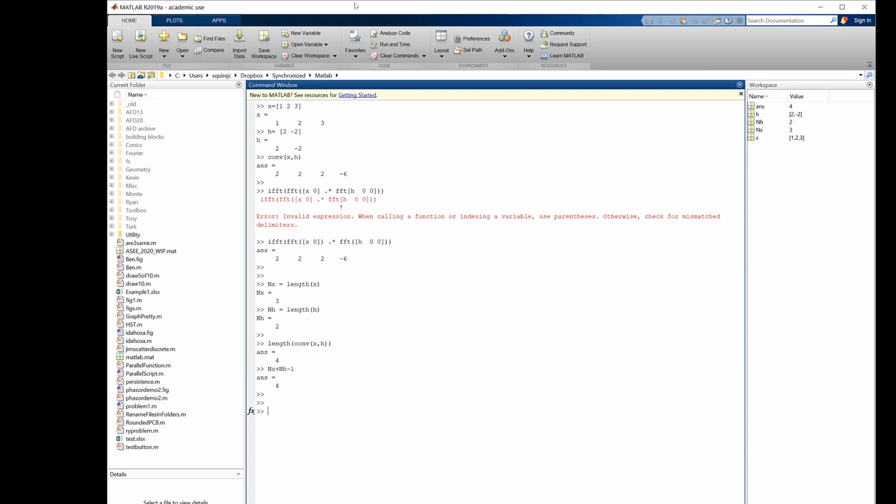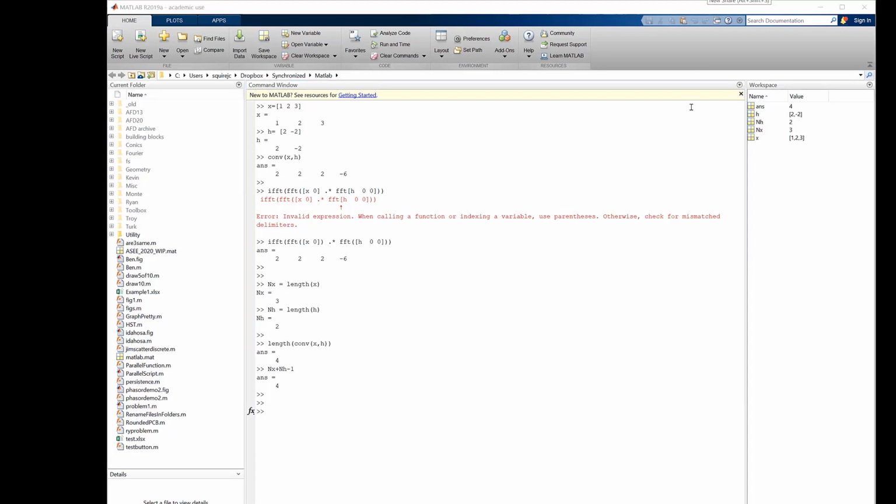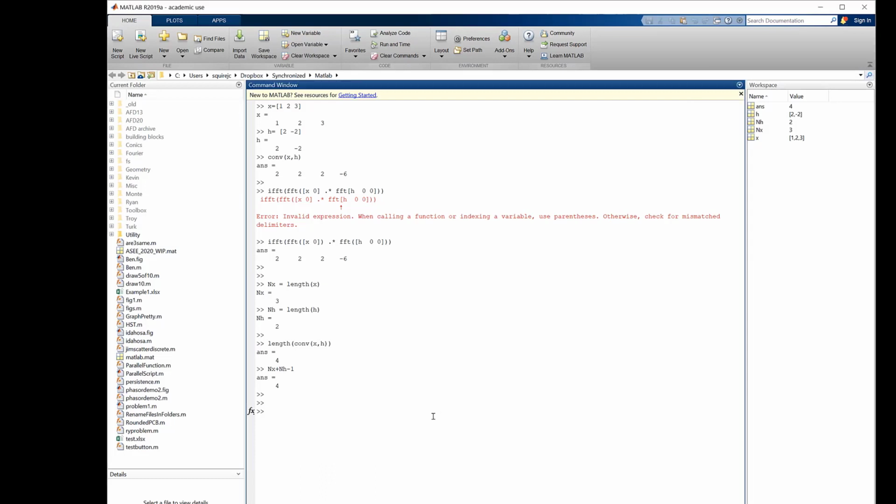Any others? So, how are we supposed to be dealing with indexing when we're doing these problems? Like, what if x and h both don't start at index 0? Right. So to do that, there's nothing new with linear convolution than what we already spoke about.